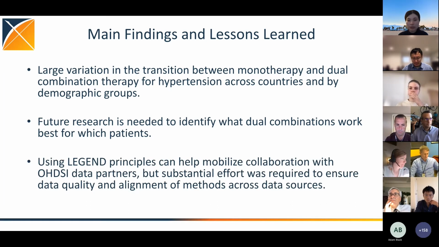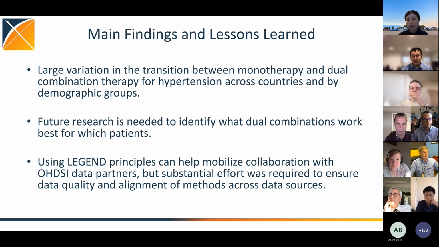Finally, a lesson learned from this study is that using the LEGEND hypertension principle is very helpful to mobilize collaboration with OHDSI data partners, because all of us follow the same principles. However, we've also found that substantial effort was required to ensure data quality and alignment of methods across these data sources.